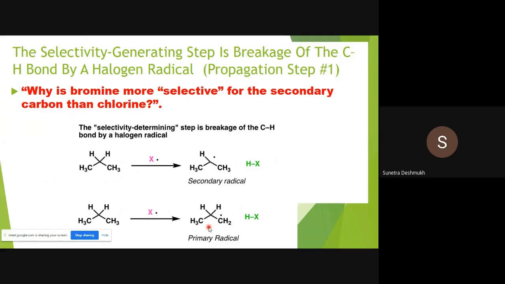Once you get a secondary radical, it will remain as it is throughout your reaction, and if you get a primary radical at the propagation stage, you will have the primary radical throughout your reaction. It won't change or achieve higher stability by shifting the free radical. So that is not possible in the case of a free radical.